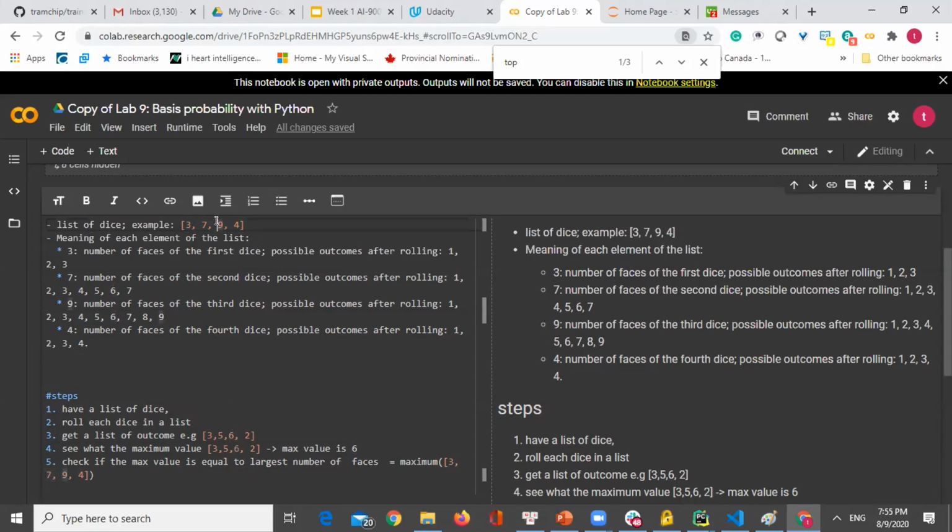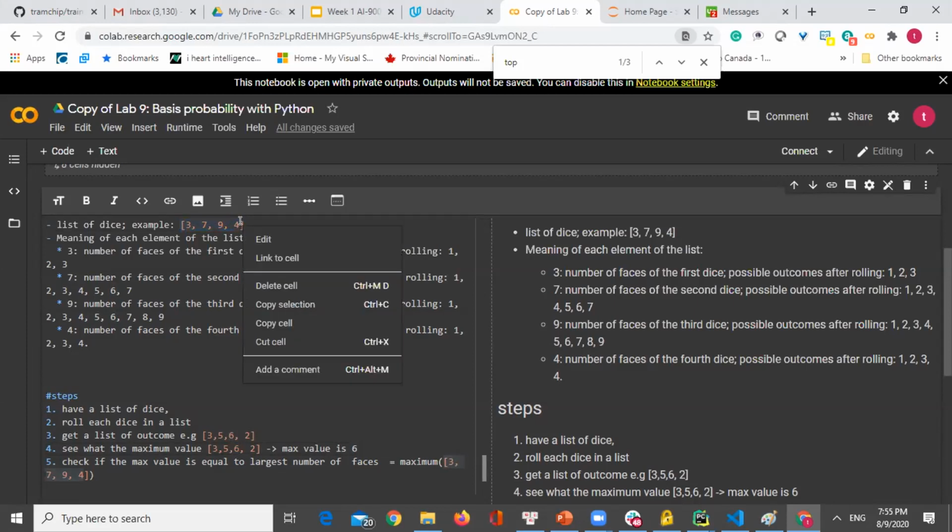I don't need to compare it to the outcome in the third dice only, but I can compare it to the whole thing, right?